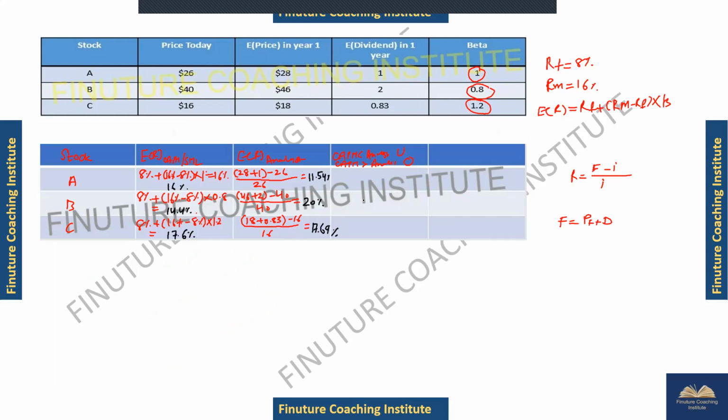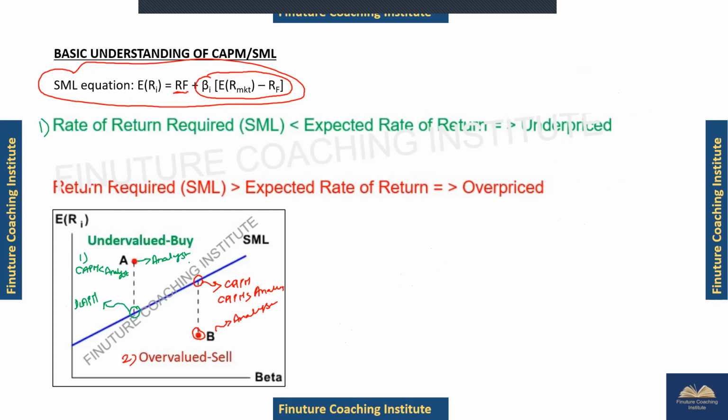So these two stocks, stock B and stock C, are undervalued. And in the first case, the 16% is greater than 11.54%. If you see pictorially also, this is the case.